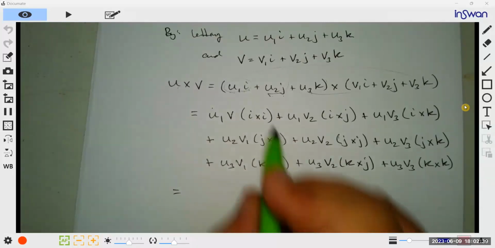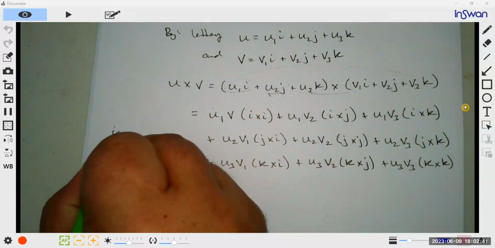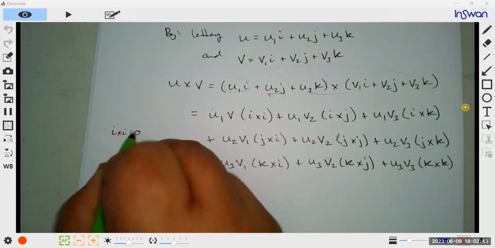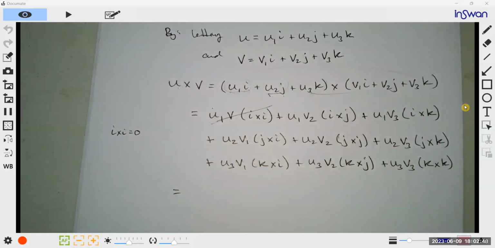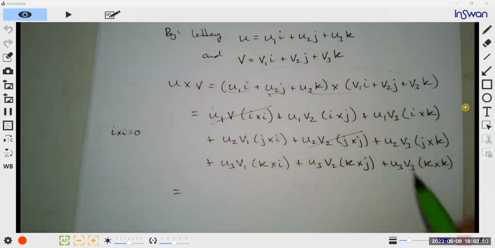Now, one thing to remember is I cross I is 0, or anything crossed with itself. So that's going to be 0. That's going to be 0. That's going to be 0. Those are gone.